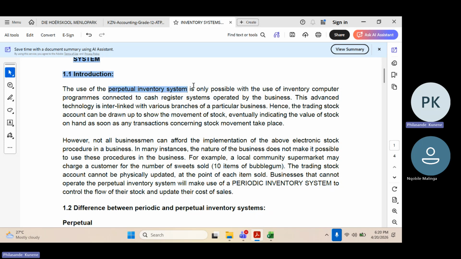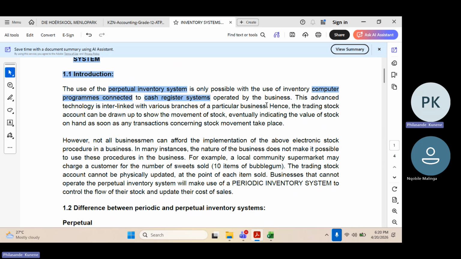It is suitable for a business that records inventory using computer programs connected to cash register systems, which means whenever you bring in inventory, it records automatically via the computer. Even when you sell that inventory, it records automatically.